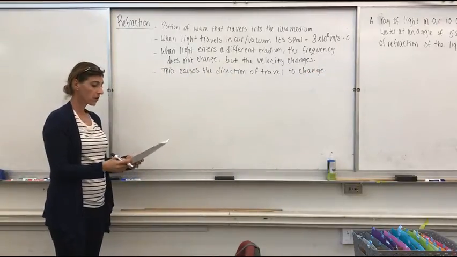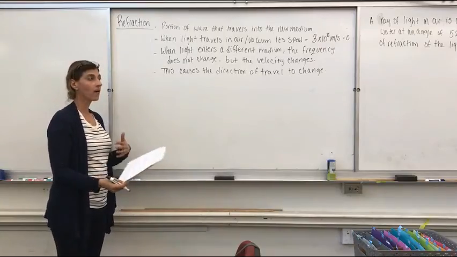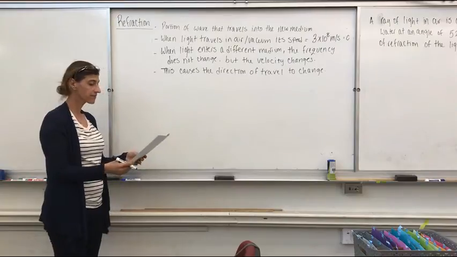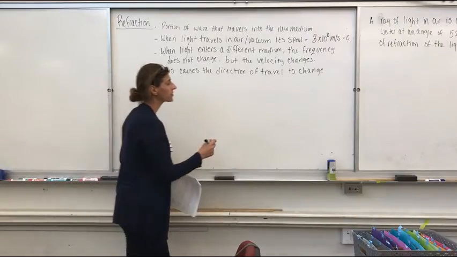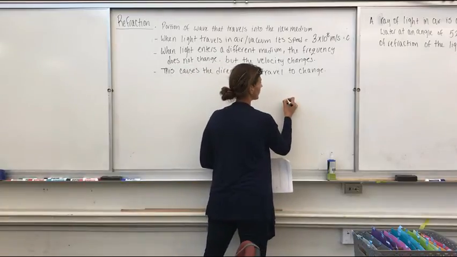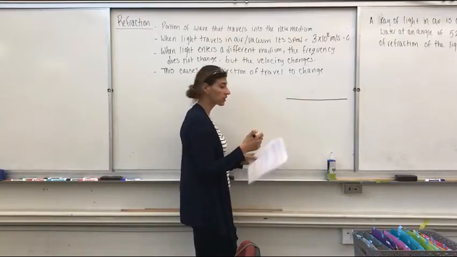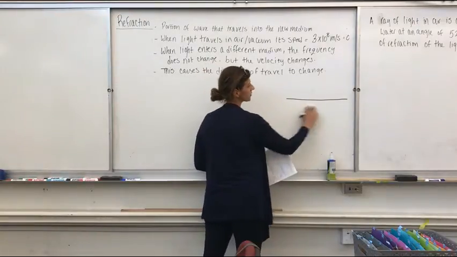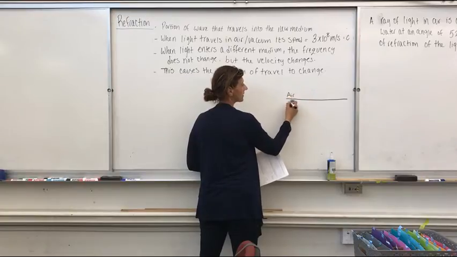Okay, so in order for us to figure out how the direction changes, we have to first look at the index of refraction. But before we do that, you're going to be seeing some diagrams that all look similar, so I'll explain what you're looking at. We draw a boundary to describe the boundary between the two different mediums.